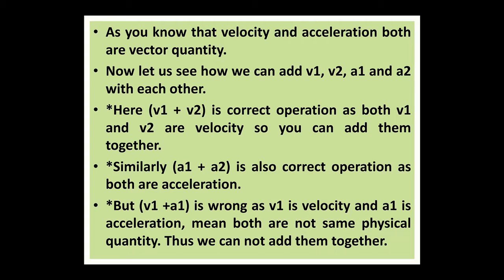But adding v1 with a1 is wrong, as v1 is velocity and a1 is acceleration, which means both are not the same physical quantities, thus we cannot add them together.